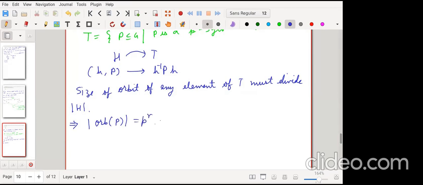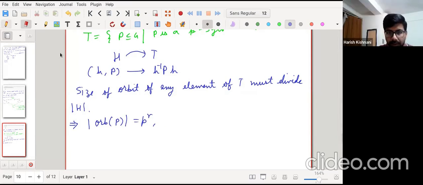For some r greater than or equal to 0, because it can be 1 also. The orbit of p can be 1, and if it is not 1, then it's just some power of P, because the order of H is some power of P, because H is a P group, and that's true for all capital P inside T.